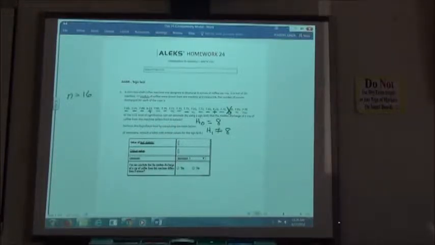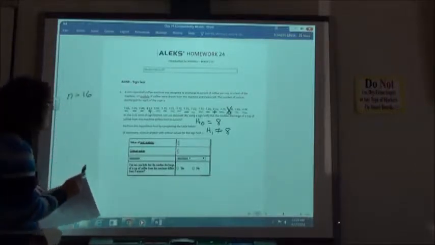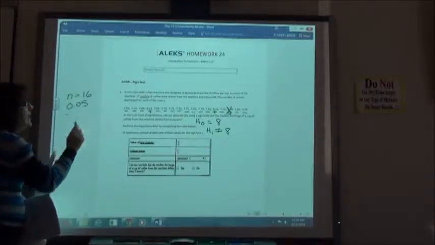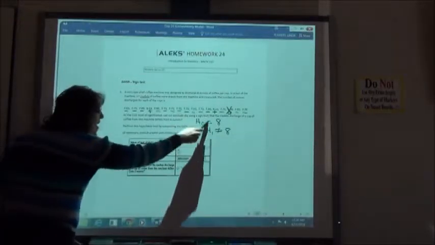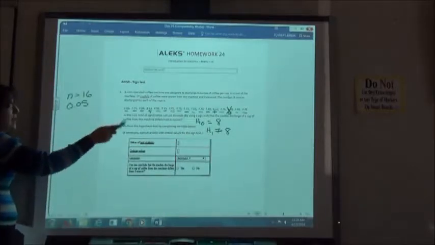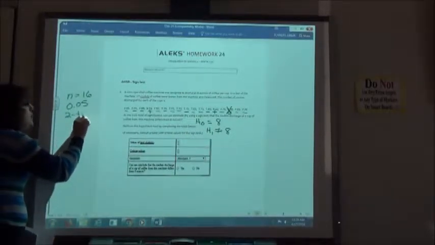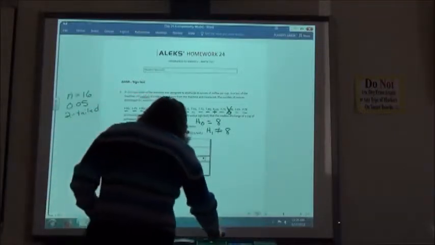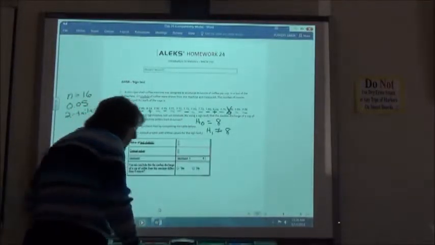On our table, we are going to look at n being 16 and the 0.05 level of significance, and because this is an equal and not equal, we're going to use the two-tailed test. That's probably going to erase all of my writing, but I'm going to flip over to that table so you can see where we get that number from.